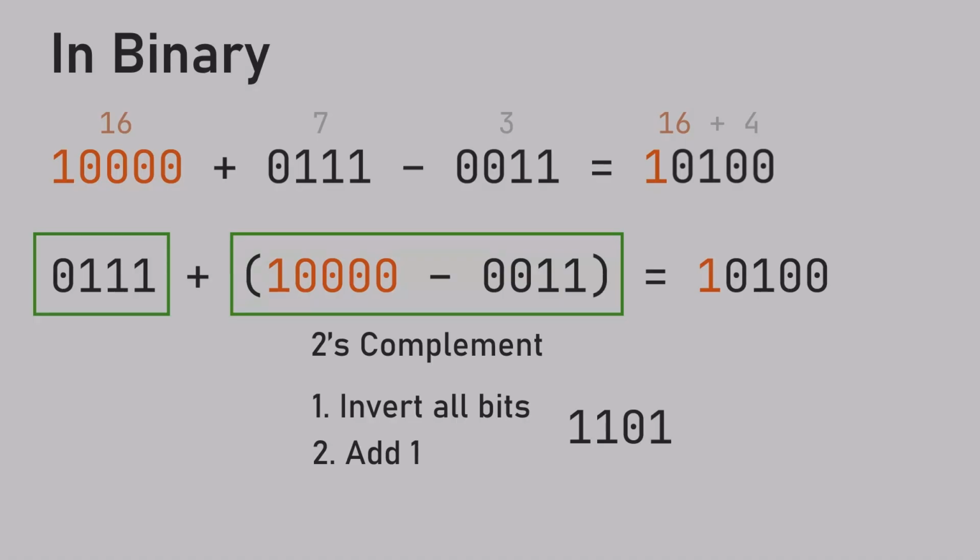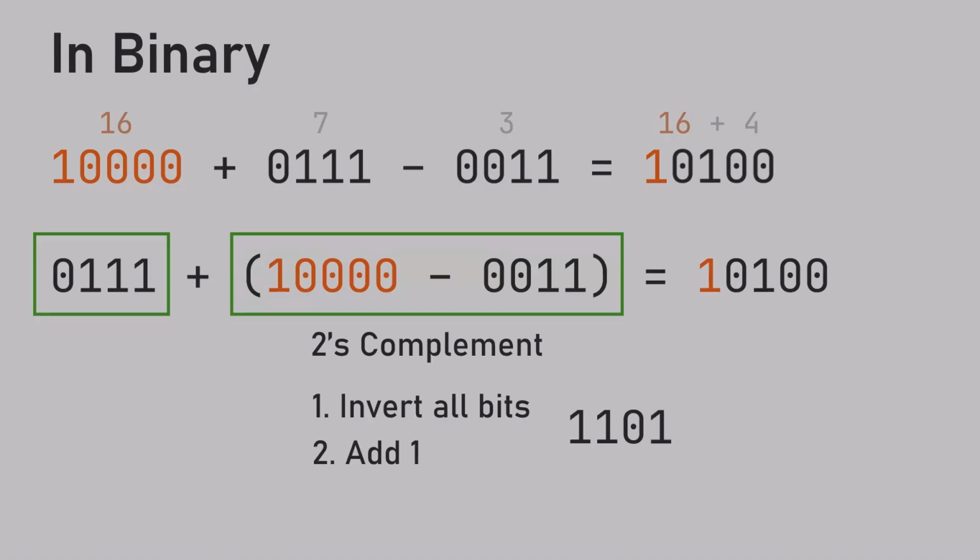We can think of the 2's complement as taking the negative of a number. Since taking the 2's complement of 3, which is 1101, and adding it to 7, acted as subtracting 3 from 7. But 1101 is also 13.